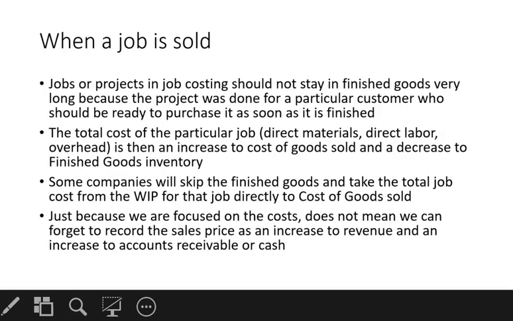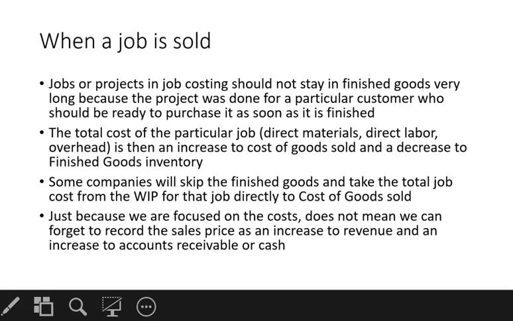So when a job is sold, okay, then the amount for that particular job, and we should know when that job is sold because it's going to have a specific customer. We probably put the name of the customer on the job from the very beginning. Okay, they shouldn't stay in finished goods very long because the customer was expecting it.